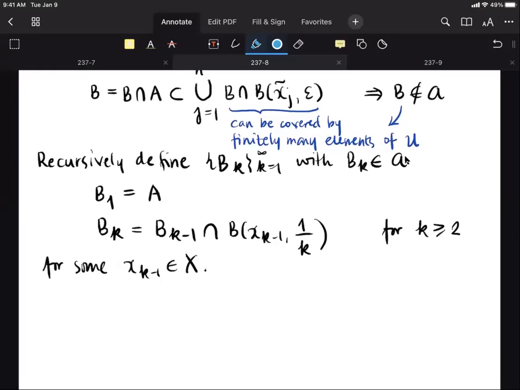Okay, so what we do is we pick an element. For each k, let us take y sub k in B sub k.